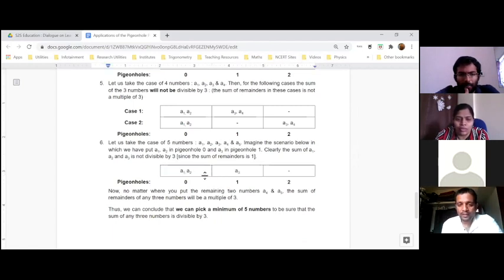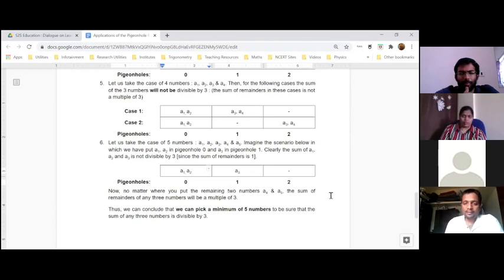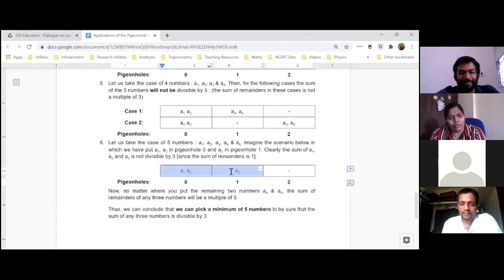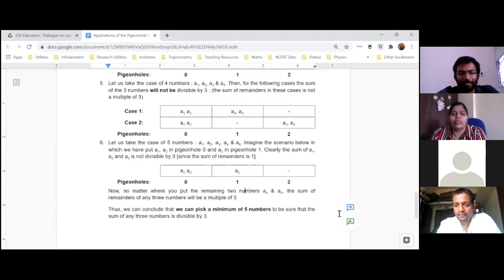No matter which pigeonhole you put A4 and A5 in, the sum of the remainders will be a multiple of 3. It will be 3 or 6, right? So for 5, this property will force itself. Then this is the smallest number.